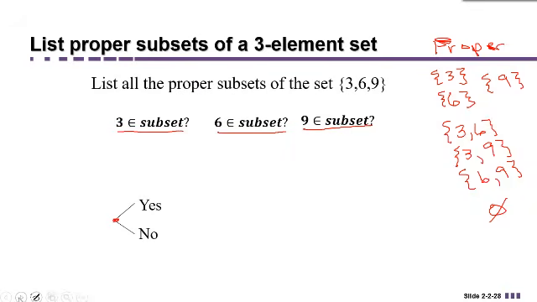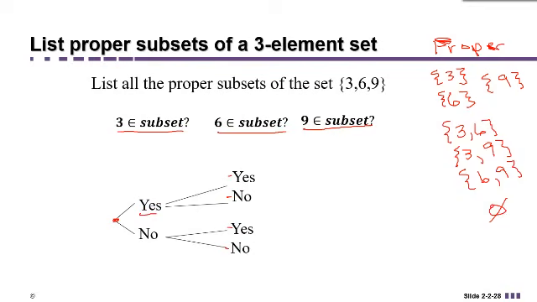Then we look at 6. Regardless of whether 3 was in the subset or not, we still have 2 possibilities. So suppose that 3 was in the subset, then we could either have had 6 in there or 6 not in there. And if 3 was not in the subset, we also have either 6 is or 6 is not. So this brings us up to 4 different possibilities so far.